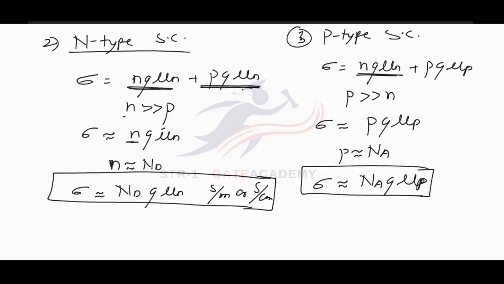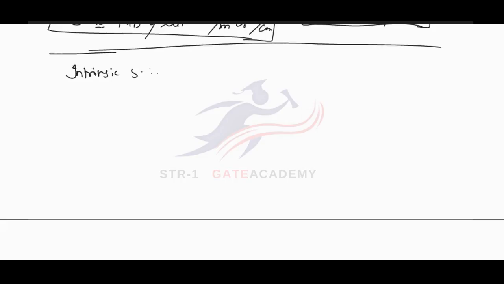Now we will see the temperature coefficient for n-type and p-type semiconductor. Let's take an example of n-type and p-type semiconductor. First, in intrinsic semiconductor, for example, n equal to p equal to 10 raised to power 10.